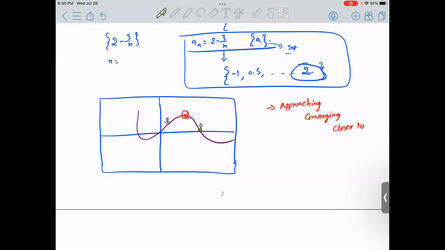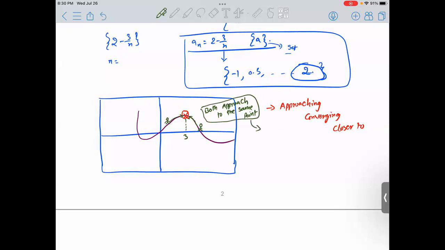If both approach the same point, say x equal to 3, from both directions, what can we say?